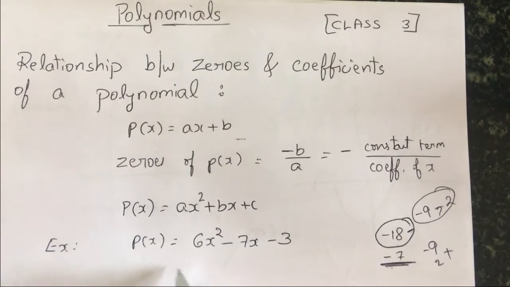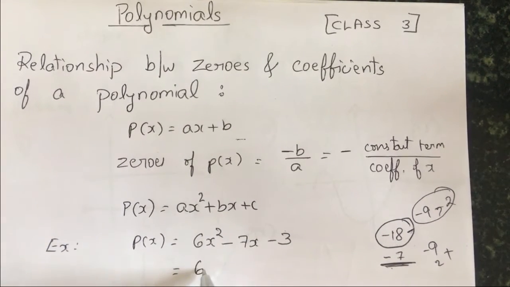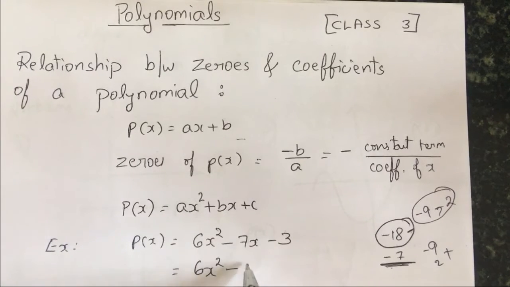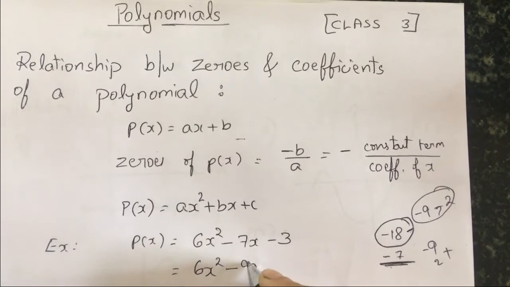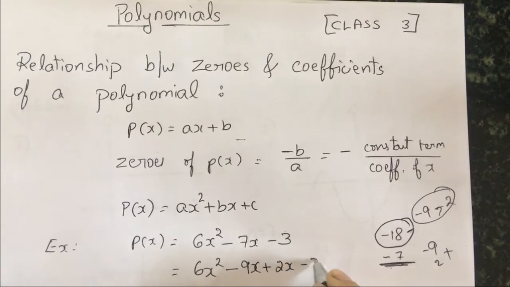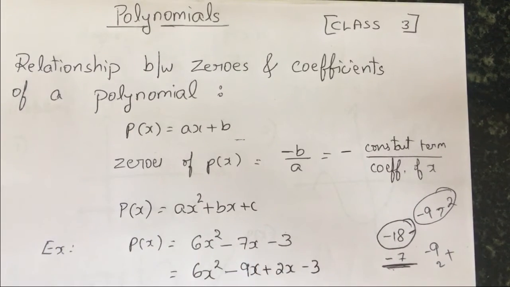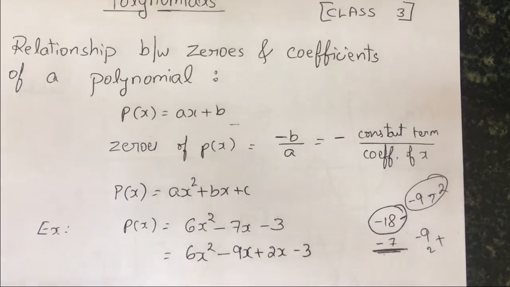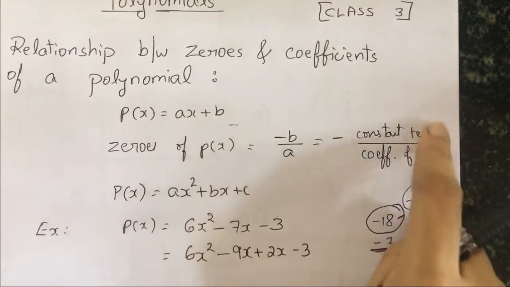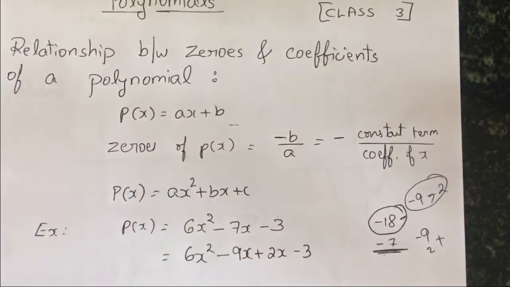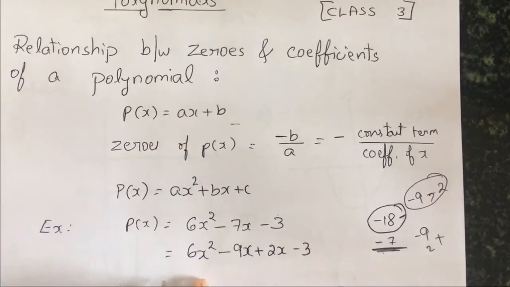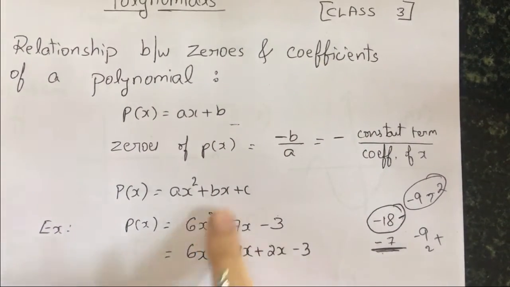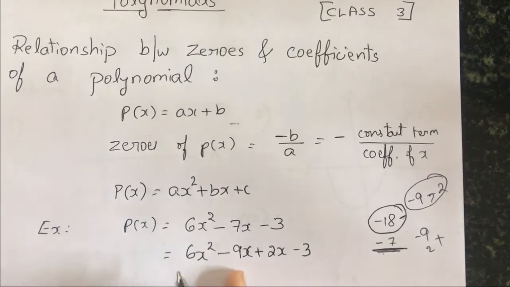Okay, so I'll factorize the middle term. I'll rewrite this as 6x square minus 9x plus 2x minus 3. I want to find the zeros first, then I have to check how they are related with the coefficients of the polynomial. To get the zeros I need to factorize this.